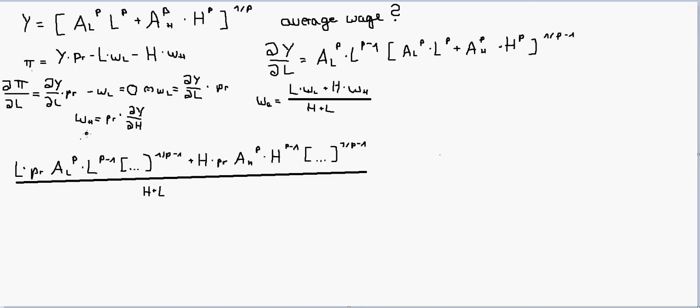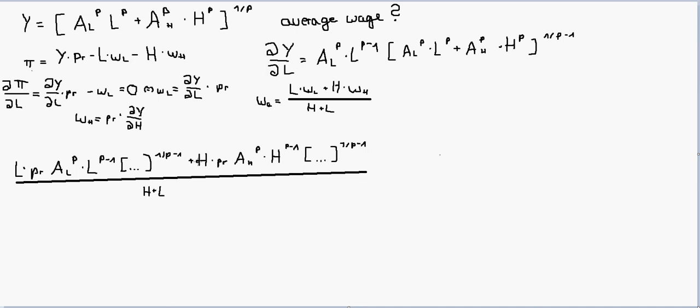The P_R is because here we have wage low equals P_R, times the derivative of Y with respect to L, and this is the term here, written down here. Of course, as I normally do, I'm not going to write out the brackets.